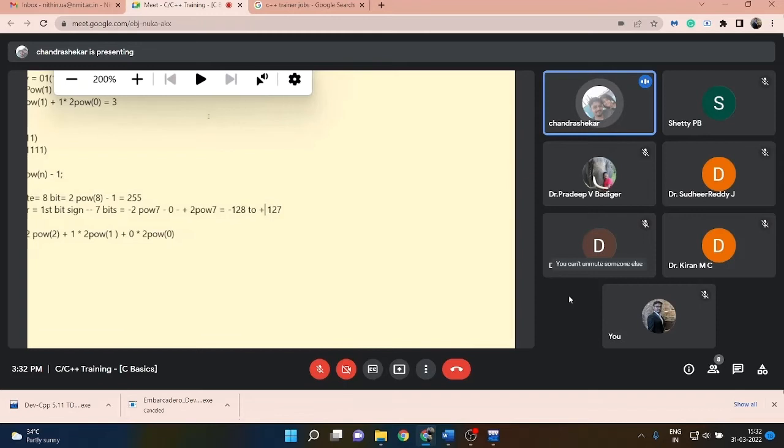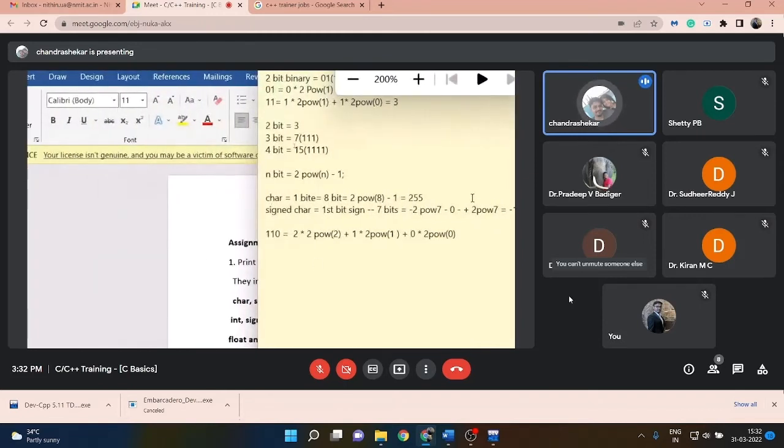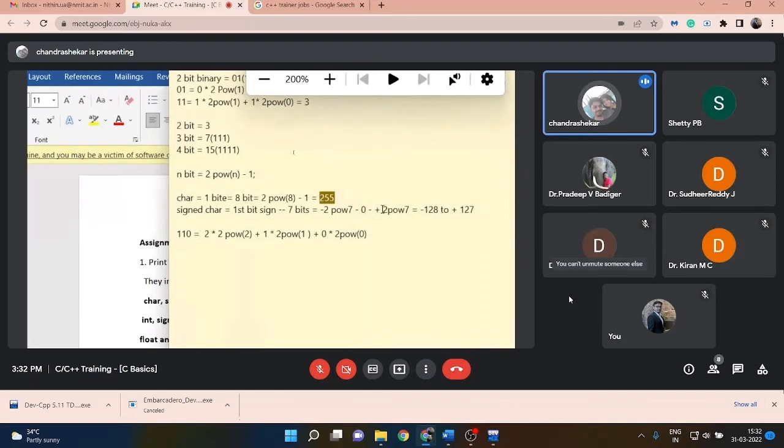You can calculate it yourself. Unsigned char can have a range from 0 to 255. Signed char can have a range from minus 128 to plus 127, including 0. Similarly, you can calculate for other types.